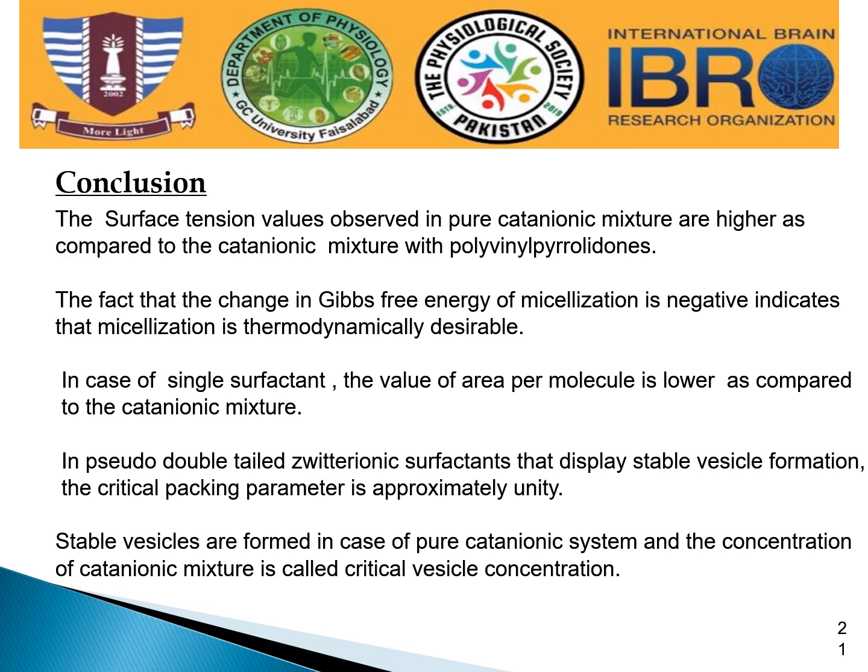In the case of a single surfactant, the area per molecule is lower compared to the cationic mixture. In a pseudo-double-chain zwitterionic surfactant that displays stable vesicle formation, the critical packing parameter is approximately unity. Stable vesicles are formed in the case of the pure cationic surfactant, and the concentration of the cationic mixture is also called the critical vesicle concentration.